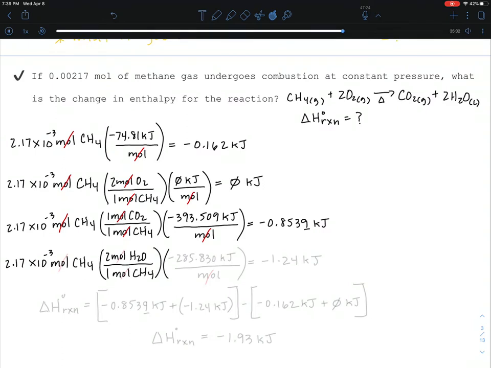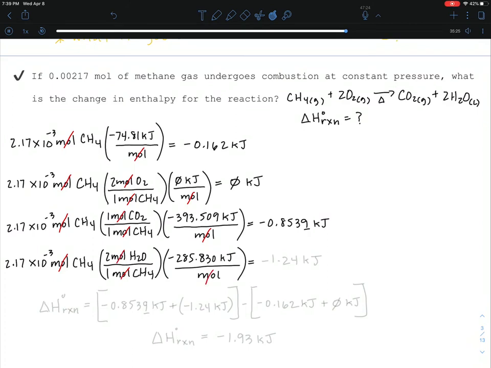We have the thermodynamic data for the production of 1 mole of water in the liquid phase, and that's negative 285.830 kilojoules of energy for every 1 mole of water in the liquid phase. So here, my moles of methane are going to cancel out.